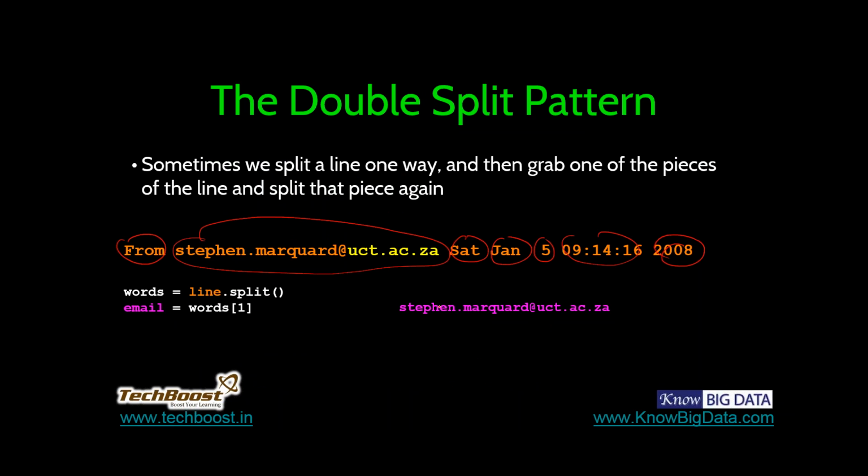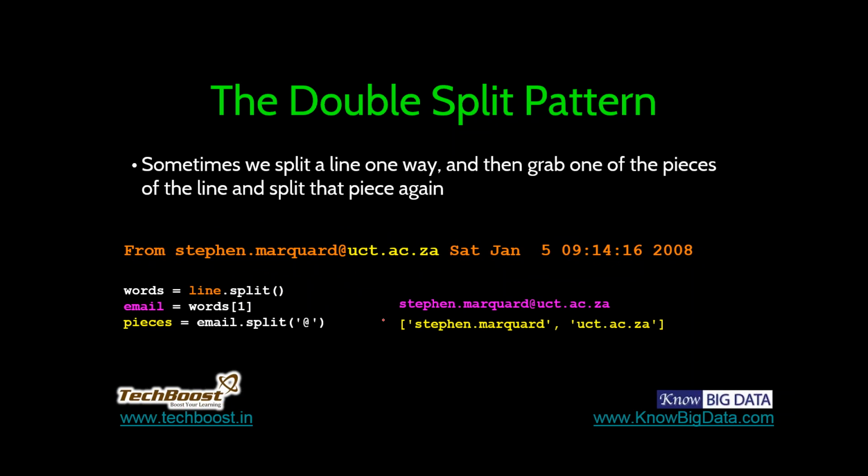As the words, and we are saying words of one. Words of one is what? This email address, right? So words of one is this email address, and then we say, okay, email dot split. We already split it using white space and assigned the email address, words of one, to email.